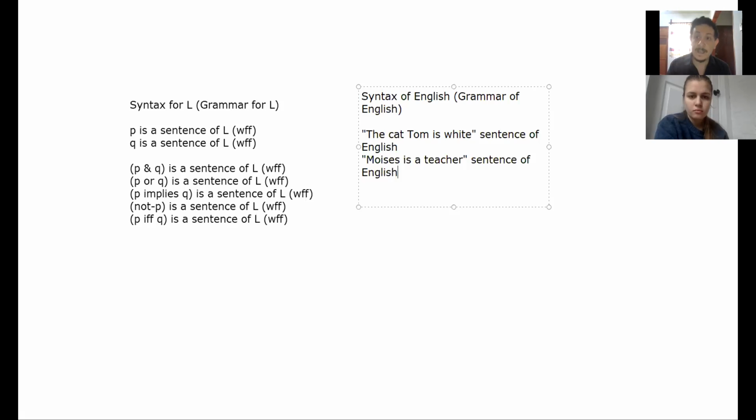But intuitively, the idea here is that in order for something to count as a sentence of English, it has to be some sequence of symbols that go together according to the rules of English. So we know, for example, that this has English words, but it's not a sentence of English.